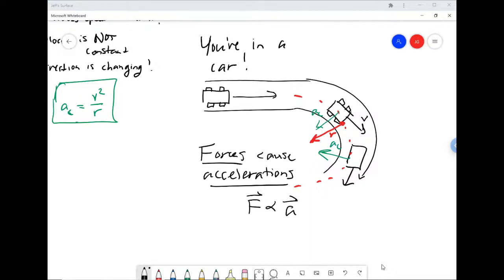There's a proportionality constant, which we call mass. We'll add that later, but for now, I just want you to think about this conceptually. The accelerations that you experience are directly proportional to the forces acting on you. And these are vector quantities.